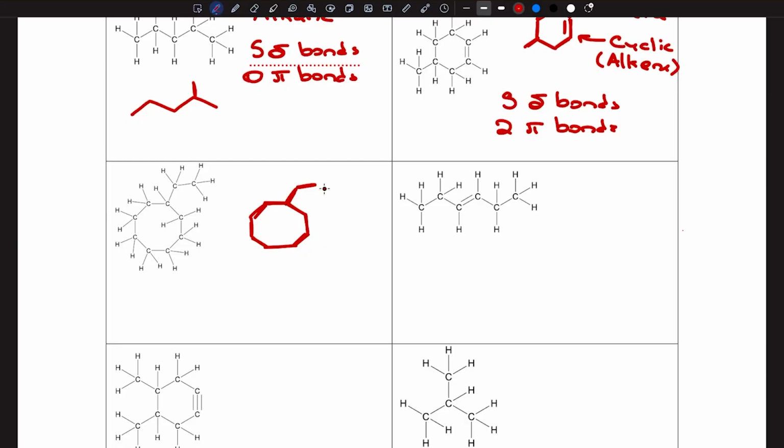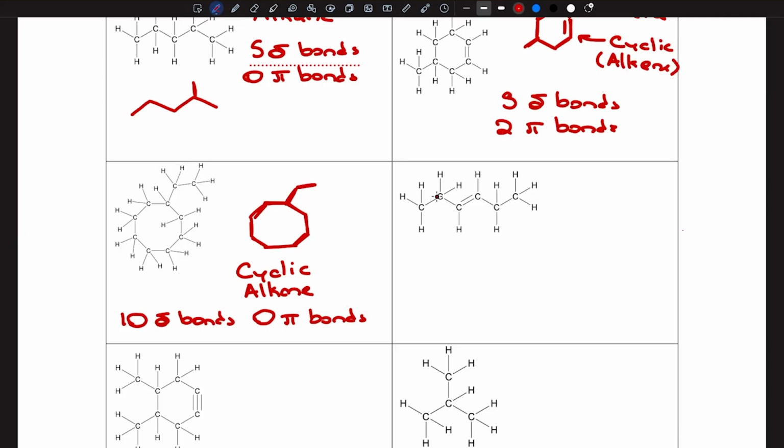The thick pen makes it hard to see the carbons, but I hope it's pretty easy to see. I do see a ring, so we can call it a cyclic hydrocarbon. I do not see any double bonds or triple bonds, so we can call it a cyclic alkane. You should be able to get 10 sigma bonds and 0 pi bonds.